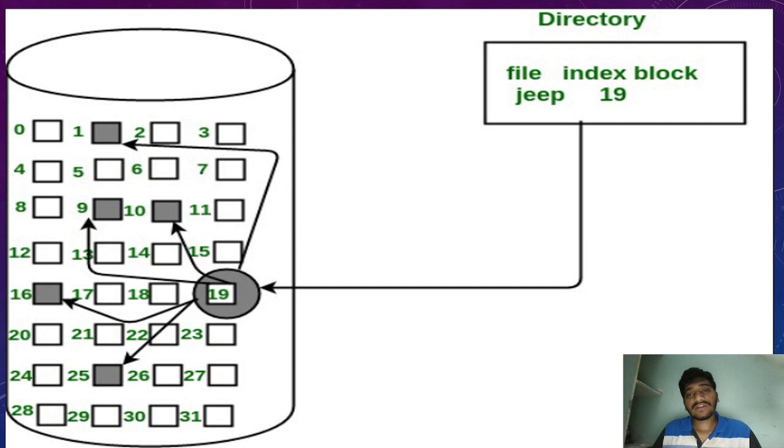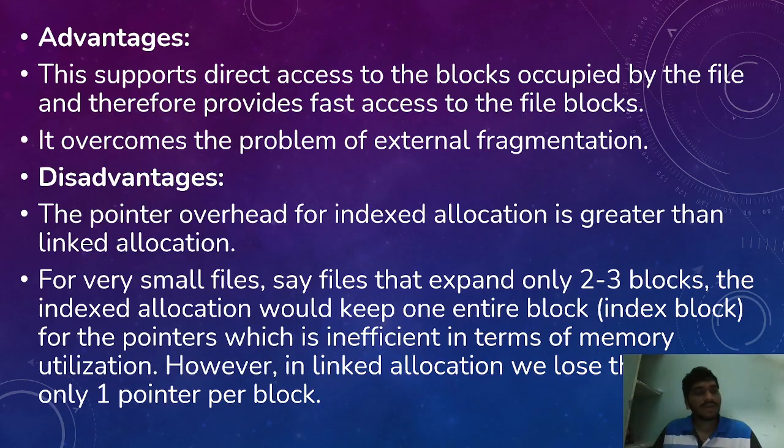In the indexed file allocation method, the main block is an index block. For example, from the index block there will be several pointers pointing to the parts of the memory blocks occupied by the zip file. I mean the file name, which is zip.